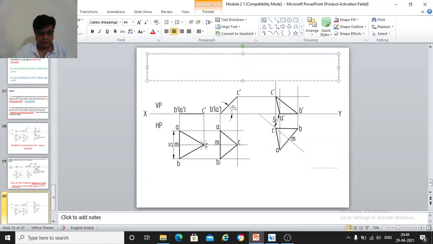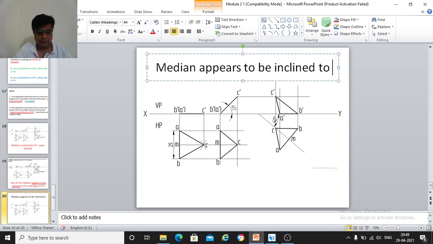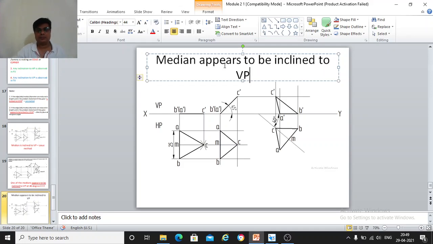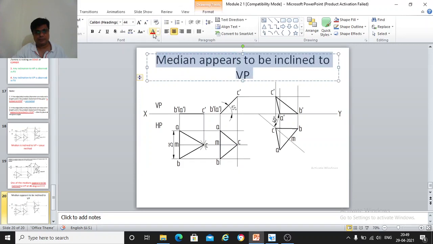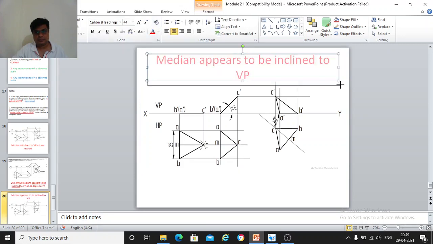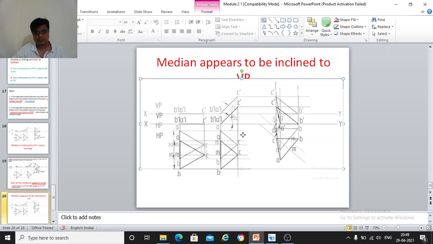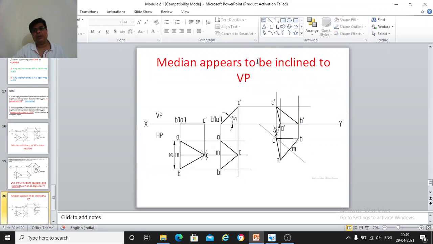So here the solution is for median appears to be inclined to VP at some angle, whatever angle is there. So when they give median appears to be inclined, you draw it directly.